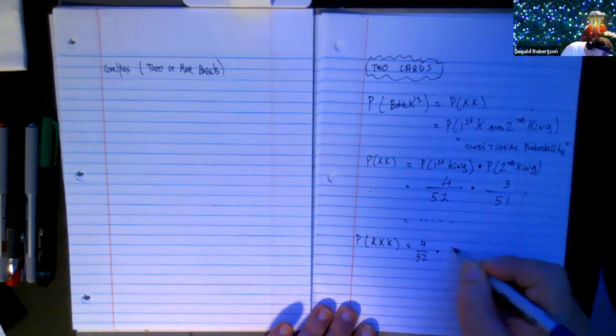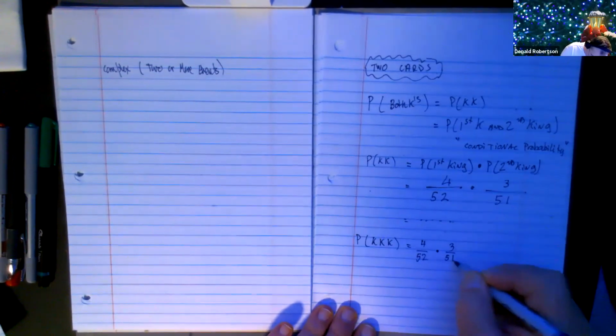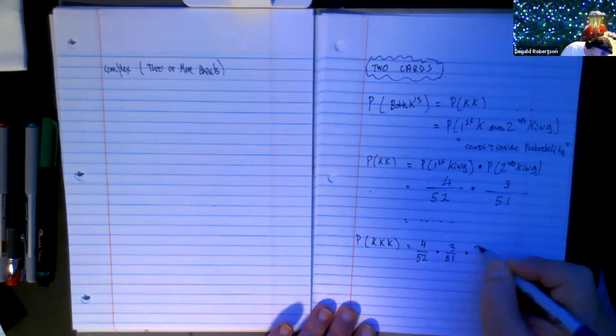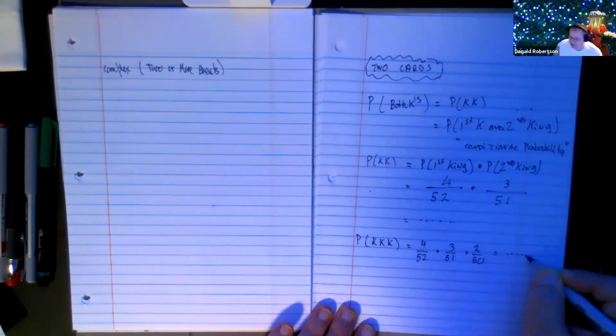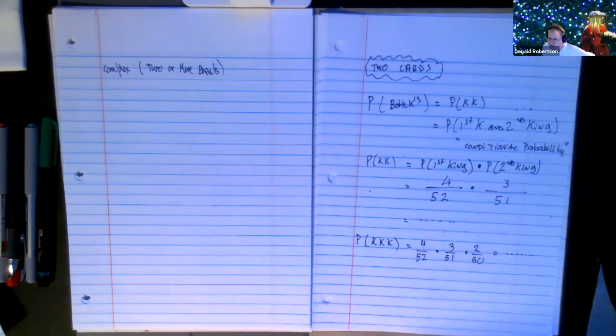The next card is 3 out of 51. And the next card is 2 out of 50. And if you did that, it'd be an even smaller answer, right? And that isn't unreasonable. Can you imagine if you were playing poker and you were dealt 3 kings? That doesn't happen every game, right? That's a very rare event. So its probability is very small because it's so rare.